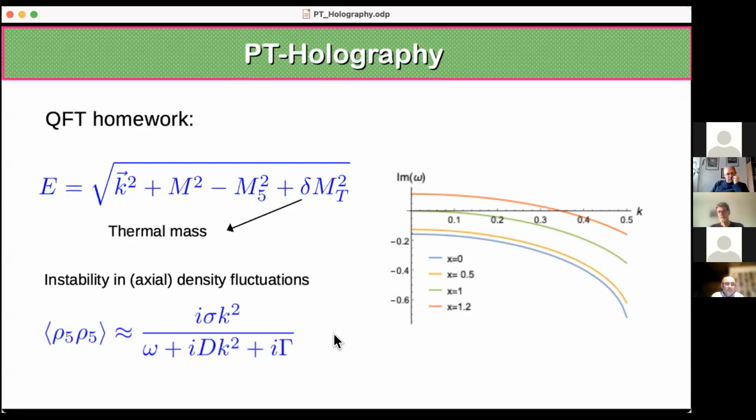But in principle, this calculation can be done, and it should give this result that even if you generate the thermal mass, the fluctuations still become unstable precisely at the PT phase transition psi = 1. Now that's a sort of prediction from holography, if you want.